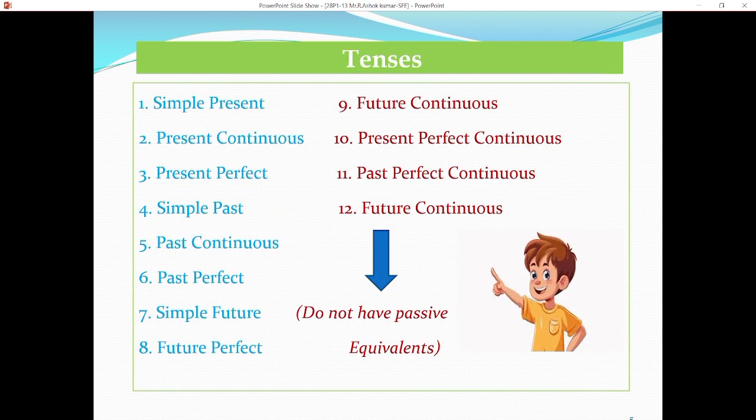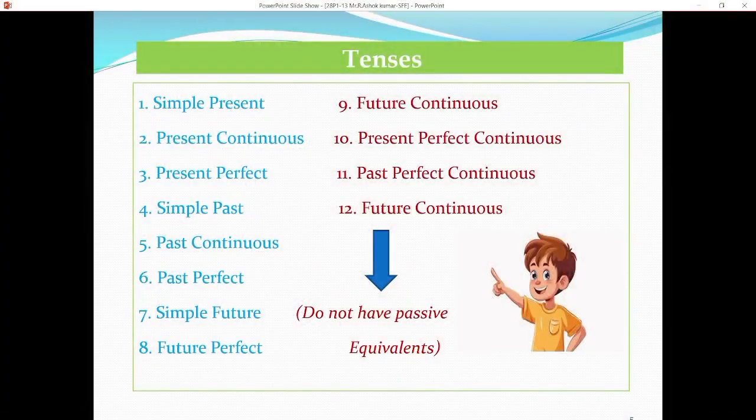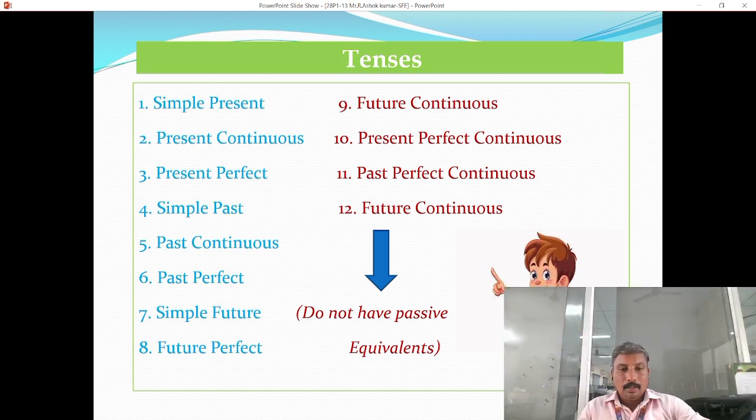Okay. So here we can see 12 tenses. In 12 tenses, only 8 tenses have passive equivalents or passive forms. These 8 tenses are simple present, present continuous, present perfect, simple past, past continuous, past perfect, simple future, and future perfect.